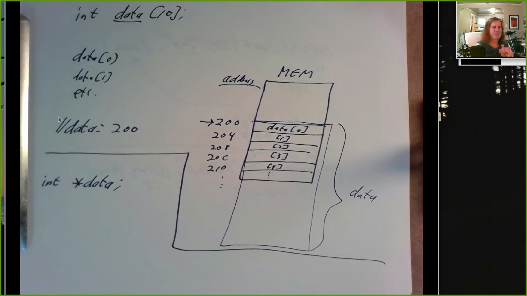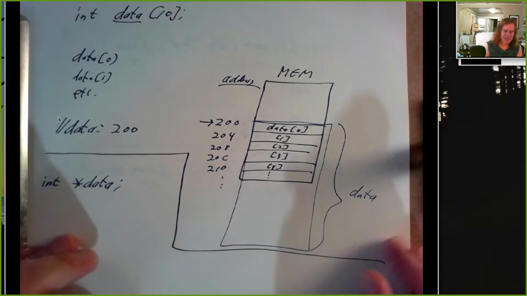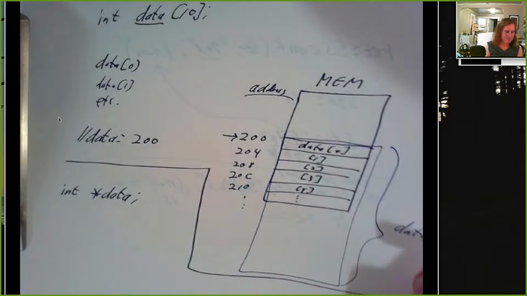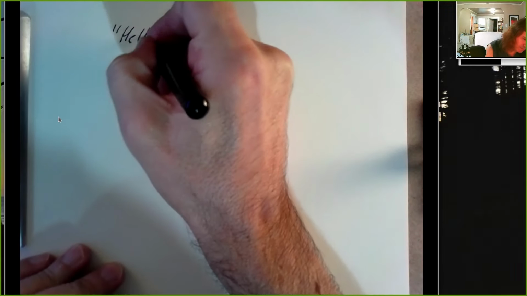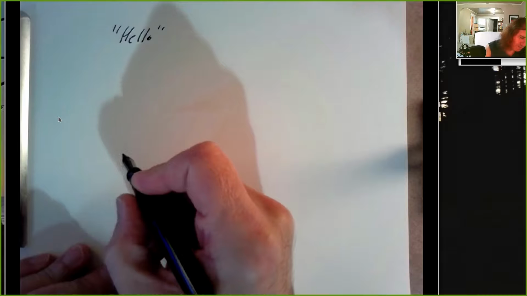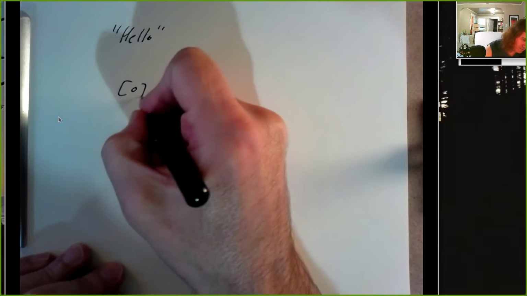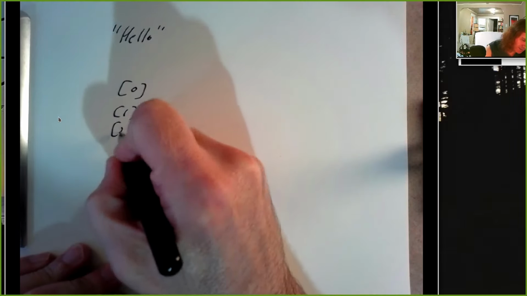Because with character arrays, we definitely care how many characters we have, because these are strings. So we add a special value at the end of our array. That's what the null terminator is. So if I want to store the string hello, H-E-L-L-O, I do it like this.